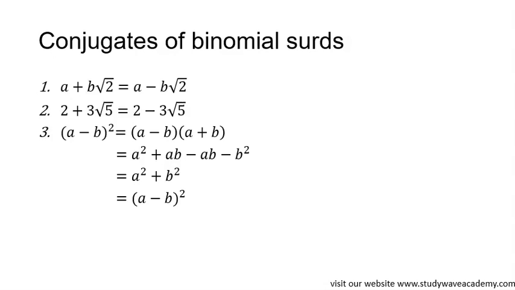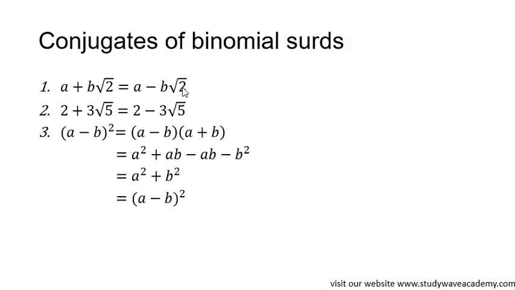Now, we are going to be looking for the conjugates of binomial surds, and the conjugate of a binomial surd is obtained by changing the sign between the terms. Here we have a plus b root 2. To get the conjugate of this is to just change the sign, okay? You change this plus sign to minus. So the conjugate of this is a minus b root 2. Easy peasy.